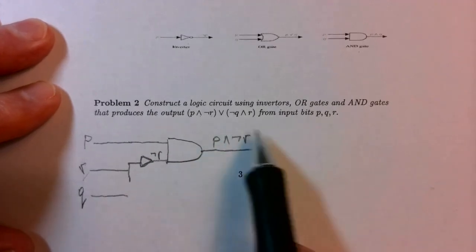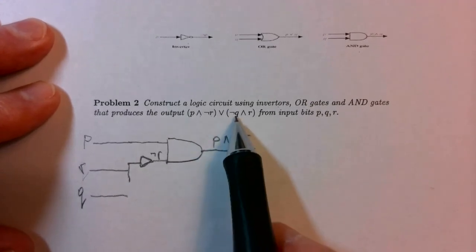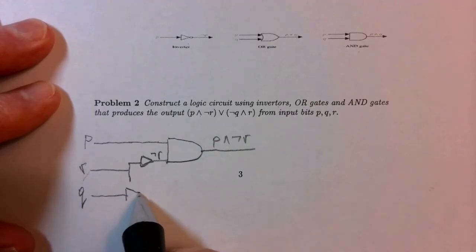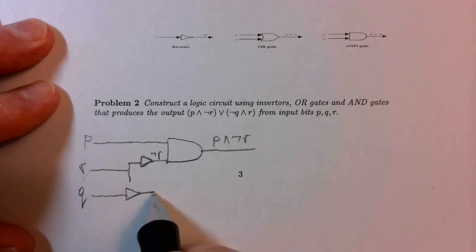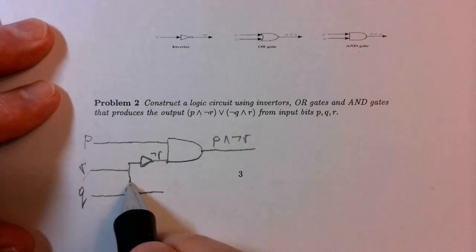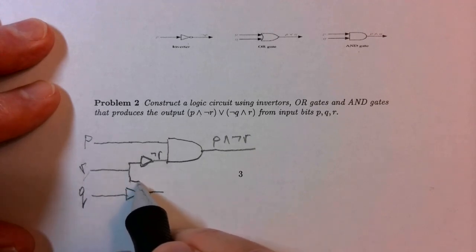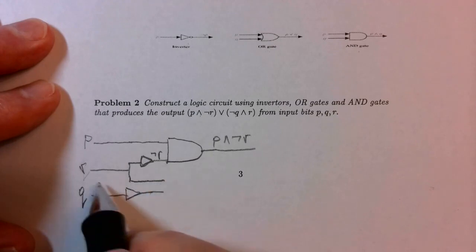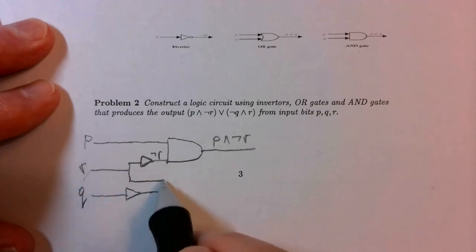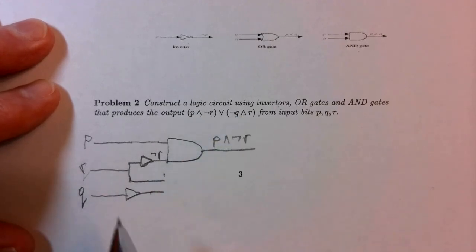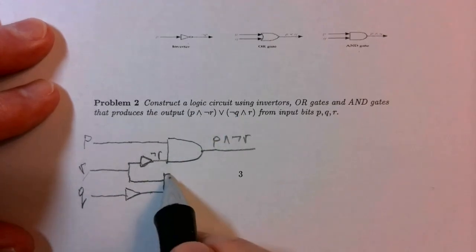Then I need to obtain not Q. So apply here negation or inverter gate. Here R travels along this wire, and then I need an AND gate. Another AND gate here.